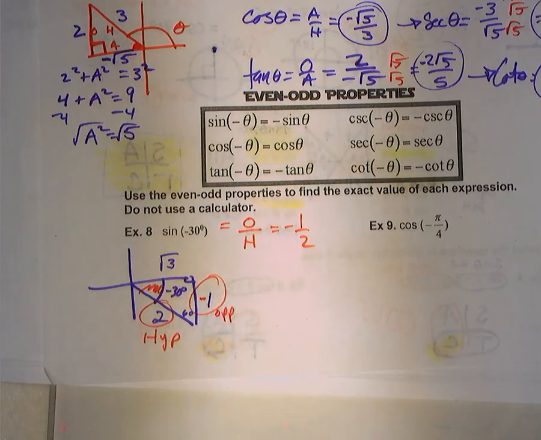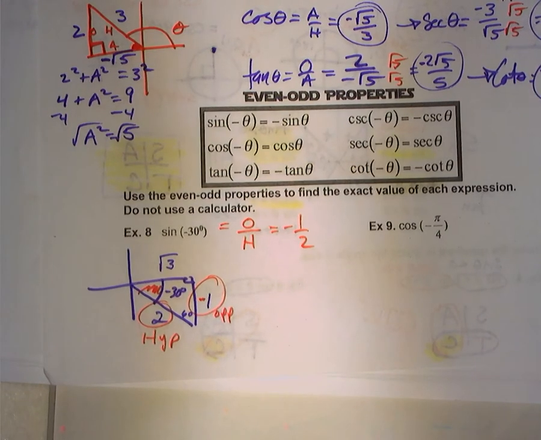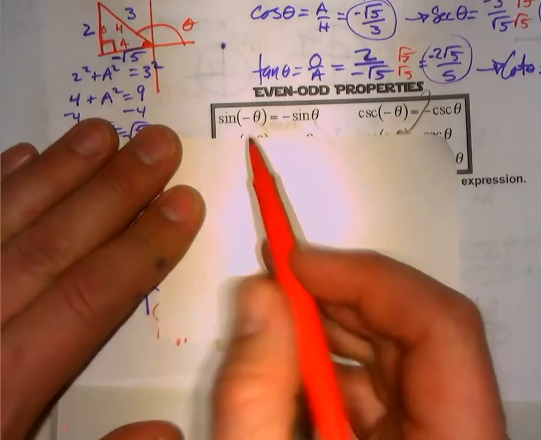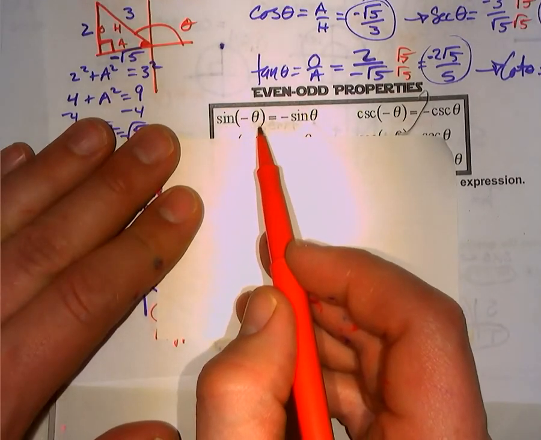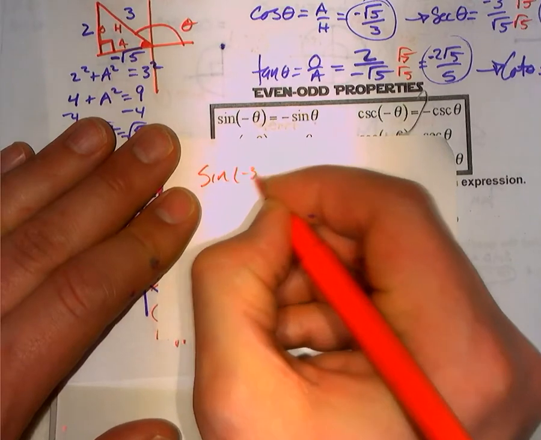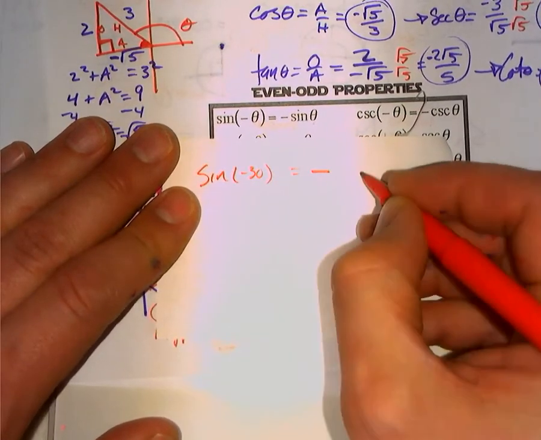So if you take that exact same question and try to do it this way, this says if I want the sine of negative 30, just do the opposite of the sine of 30.